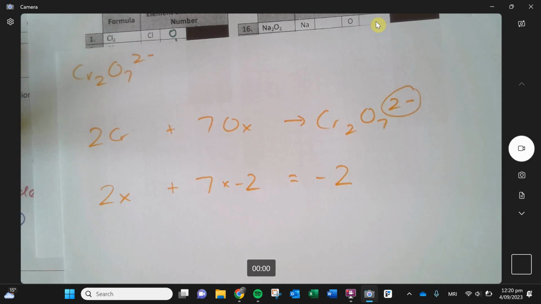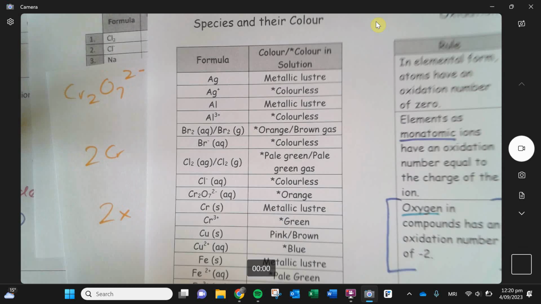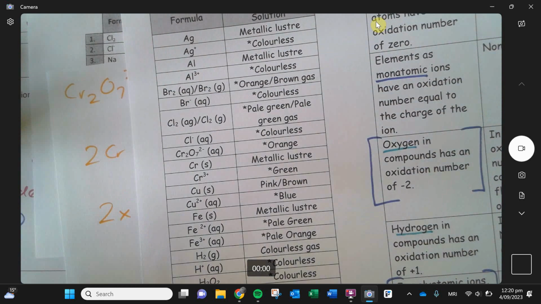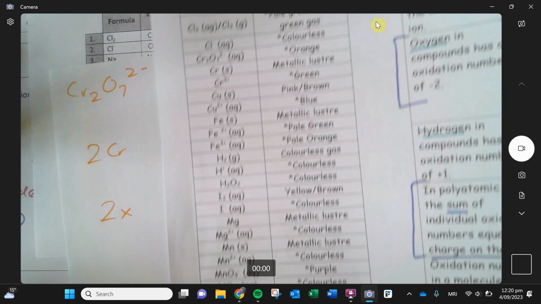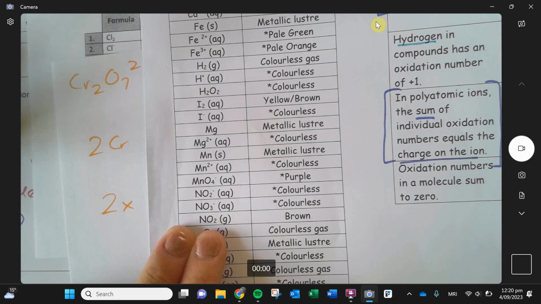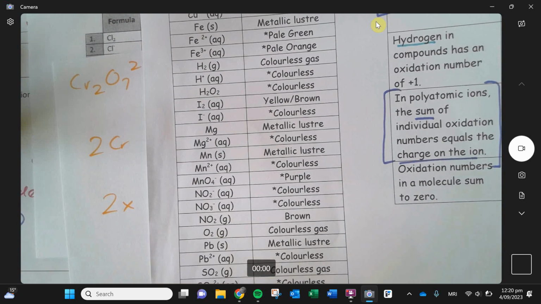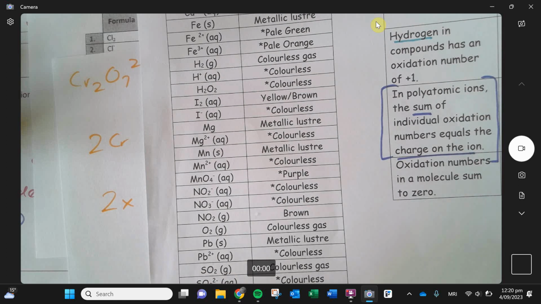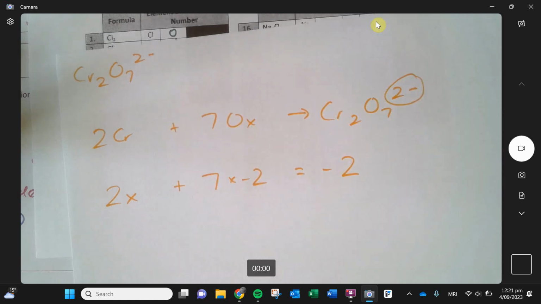So, for example, if we look at our resource sheet, this guy's 0 because that's an element. Or we did this one. NO2 is 0. SO2 is 0 because there's no charge on there. But if there's a charge on there, then I have to set it to the charge.